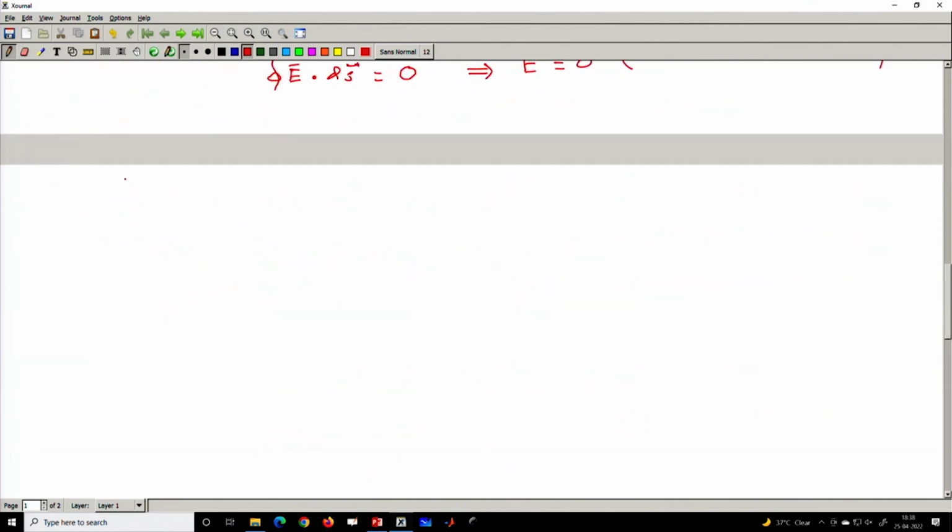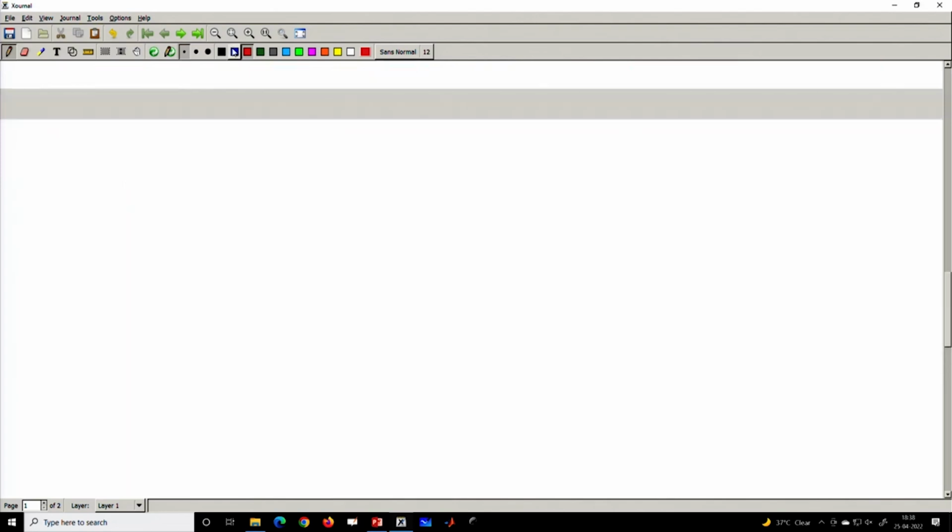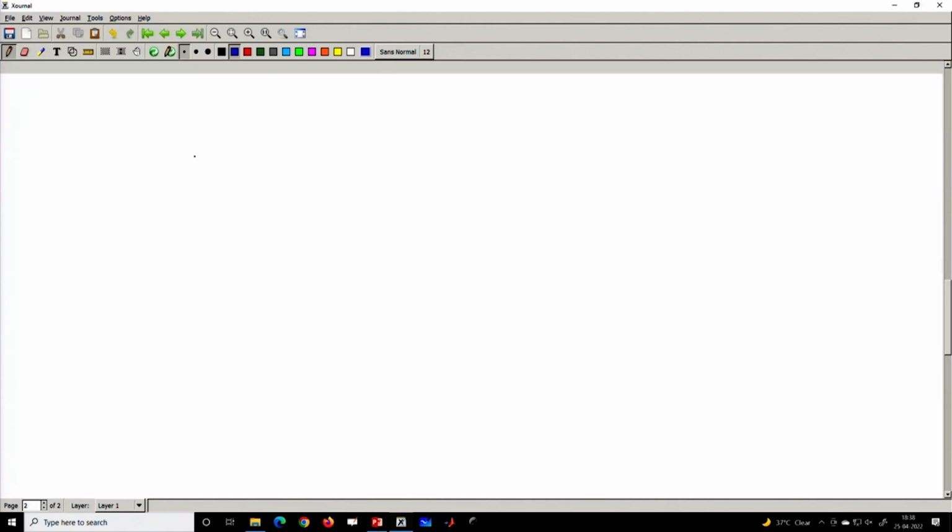Okay. Now, a similar thing one may ask: I have a sphere here, and inside the sphere I am having a cavity like this, and again I have a point charge, plus q, sitting inside this cavity.